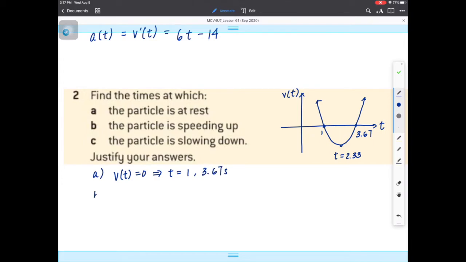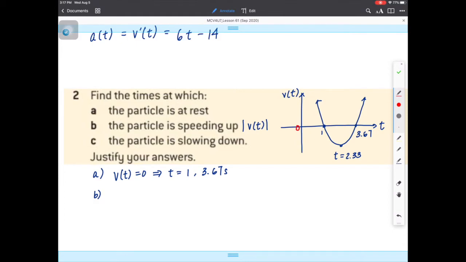How can we tell if the particle is speeding up or slowing down? From the last investigation, we say that speed is the magnitude, or the absolute value, of velocity. You can also use a benchmark: if velocity is 0, what does that mean?